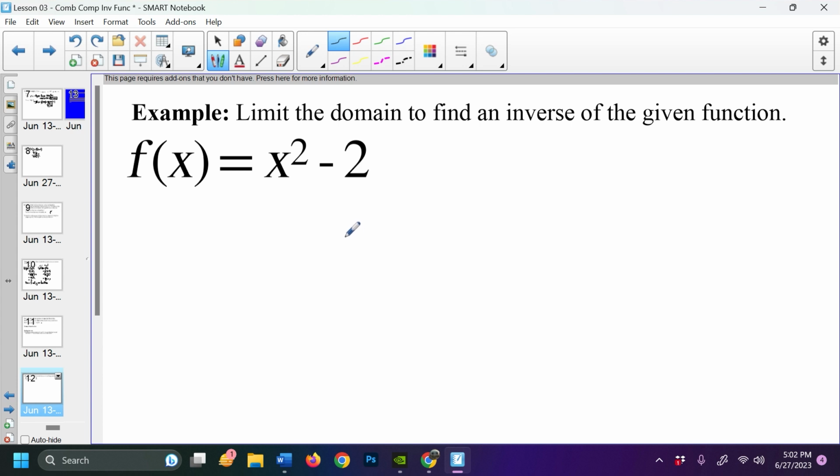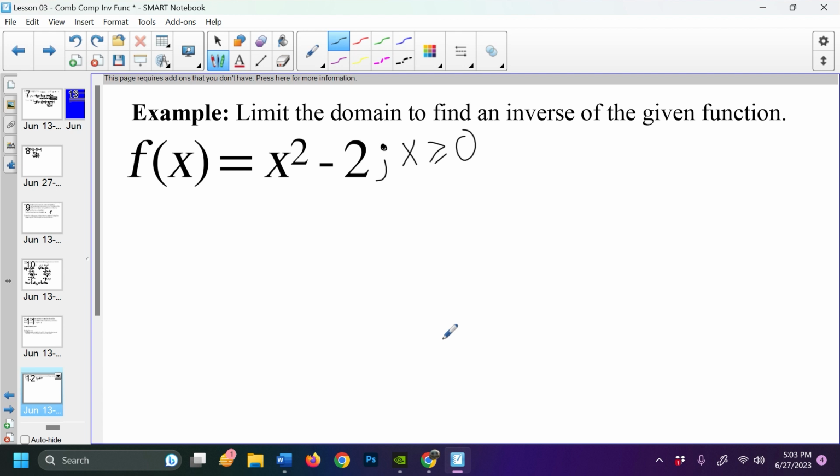So what I'm going to do is say that we are limiting this domain, and the way we're going to do that algebraically is we're going to put a semicolon. It is the function f of x equals x squared minus 2 provided that x is greater than or equal to 0.